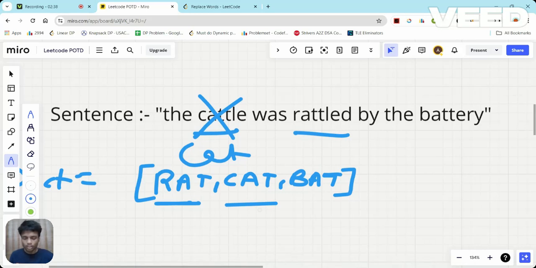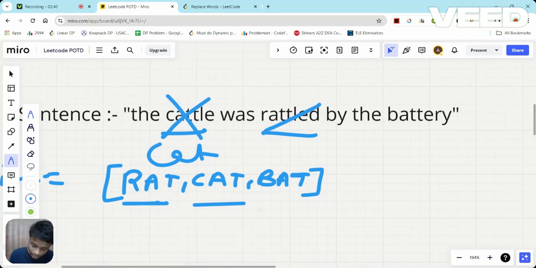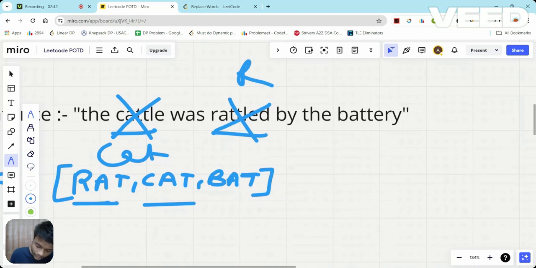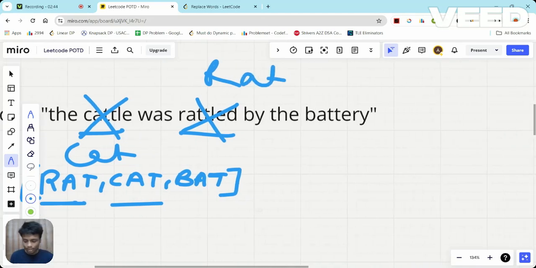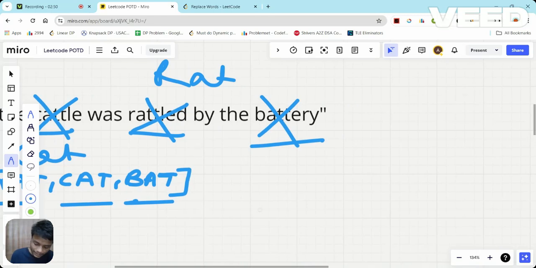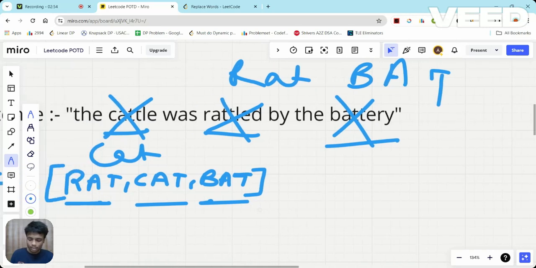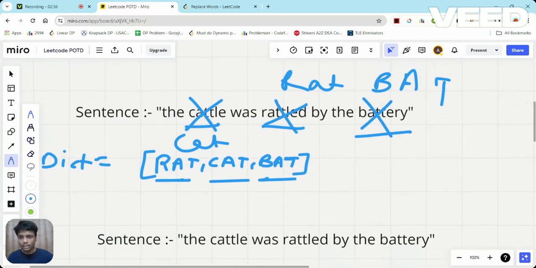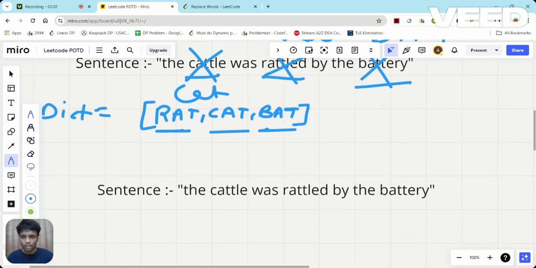Rat is the root of rattle, so I will replace this with rat. Now I'll go to battery. Bat is a root of battery, then I'll cut it and I'll replace it with bat. Okay, and the sentence will now become: the cat was rat by the bat. So this was the sentence, it will now become.